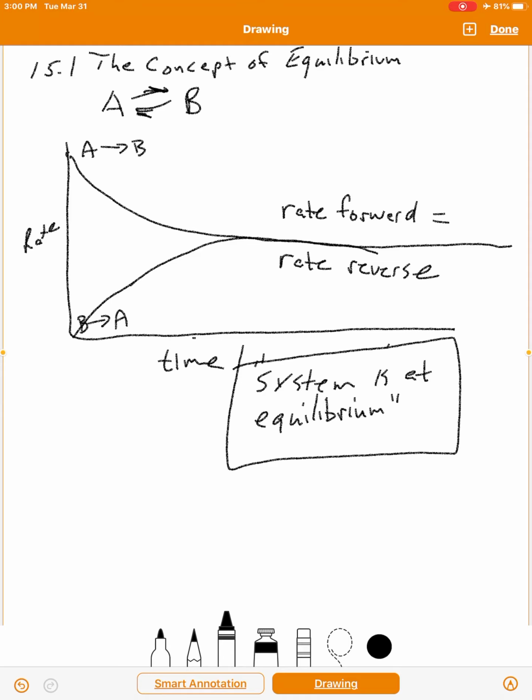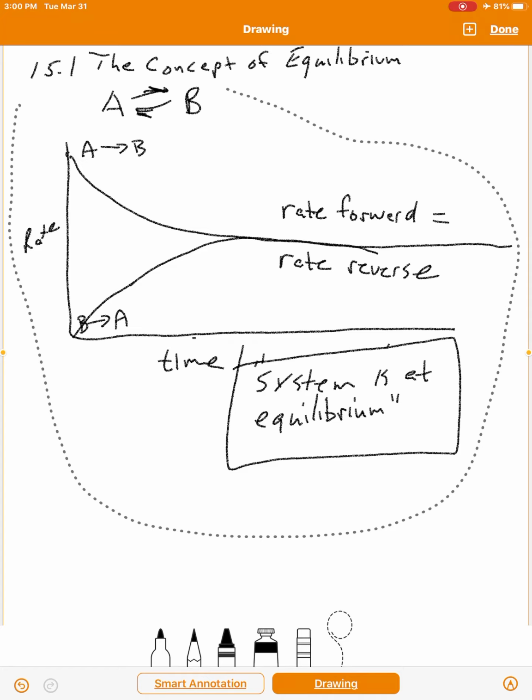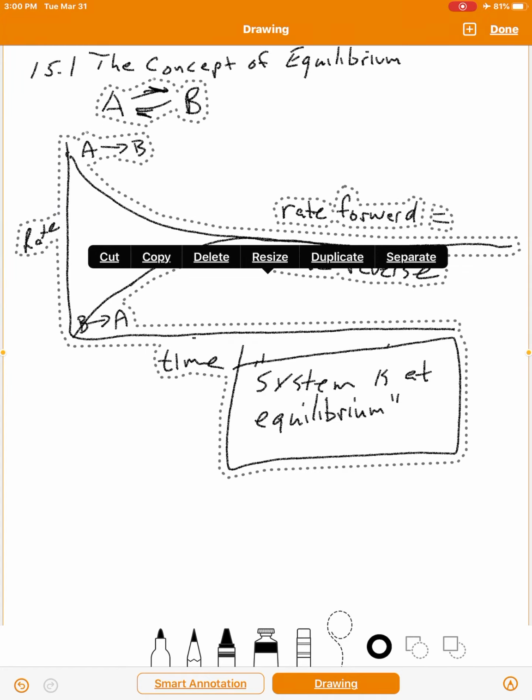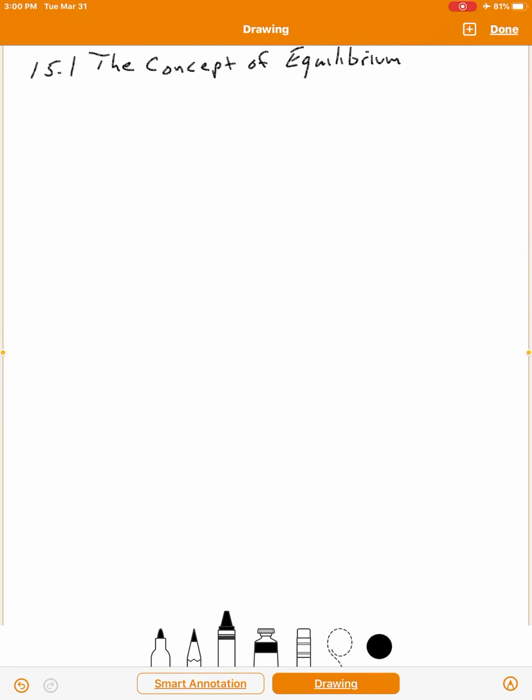Okay? Now, another thing you could do is ask yourself, well, what about concentrations? What would the concentrations of A and B be for this particular situation? It turns out it depends on the situation. So I'm going to show you one possibility. A can turn into B and B can turn into A. It's a reversible process.